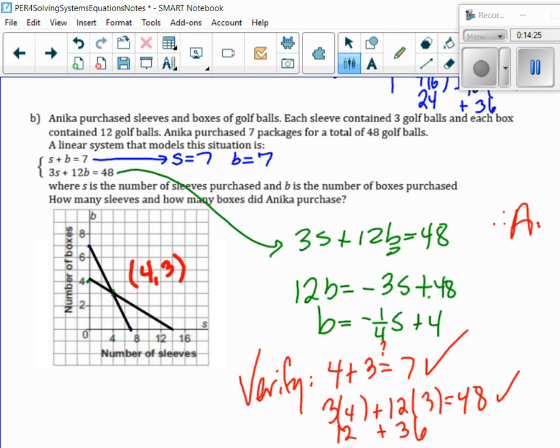Therefore, Annika purchased what? 4 sleeves, yeah, and 3 boxes of balls. There we go.